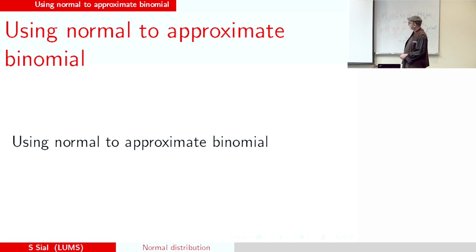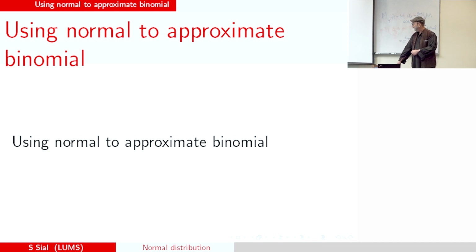One thing that we do with the normal is we use it to approximate the binomial. We understand that the underlying distribution is in fact not normal. Underlying distributions of heights are not normal, but we do the approximation. We approximate using a normal.